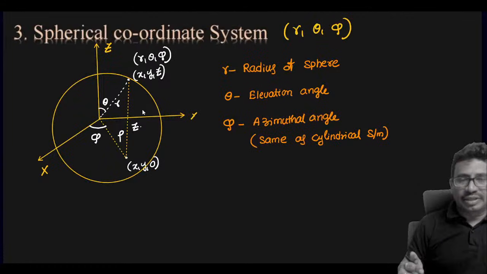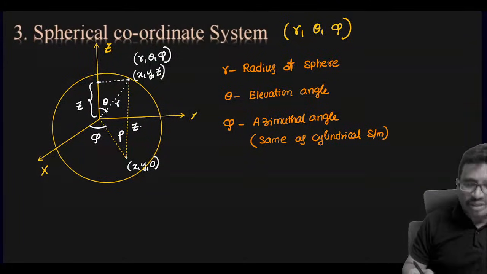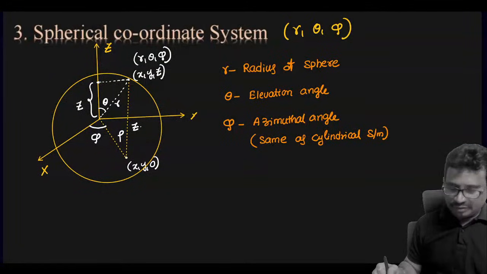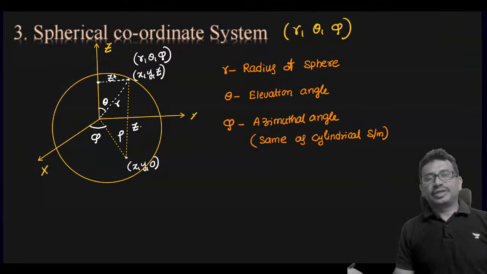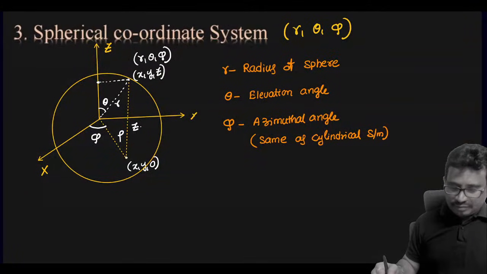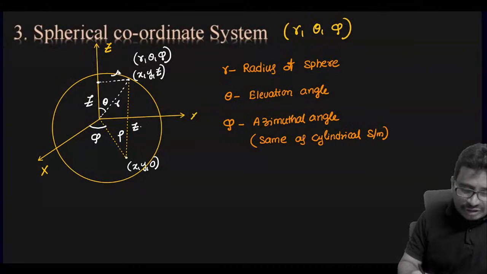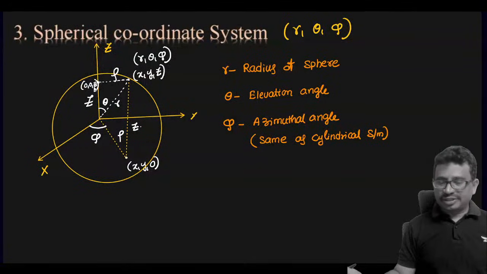If you draw one perpendicular line here, this distance is z, and this distance is rho. The coordinates are 0, 0, z. So tan theta equals rho by z.